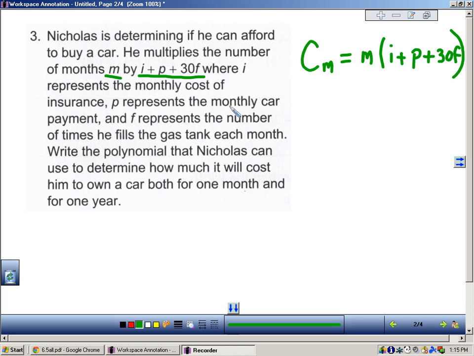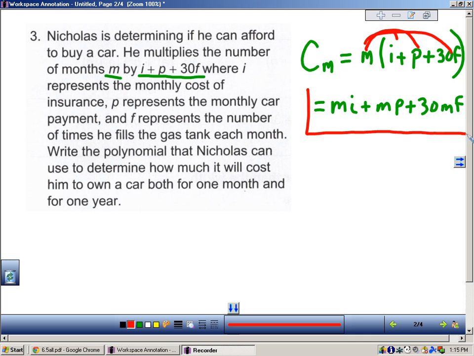So let's write this as a polynomial, meaning I have to distribute the M. So the cost per month would be MI plus MP plus 30MF. And if you're wondering how that happened, again, multiply each term by M. Okay, so this is my polynomial right there.